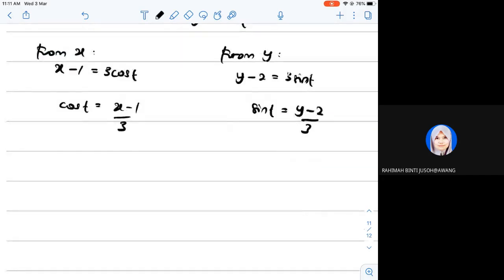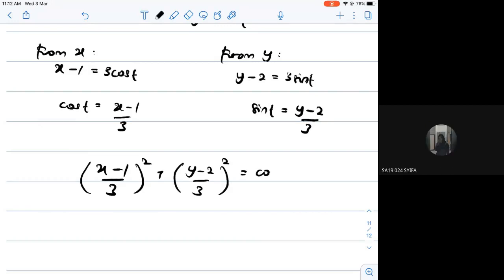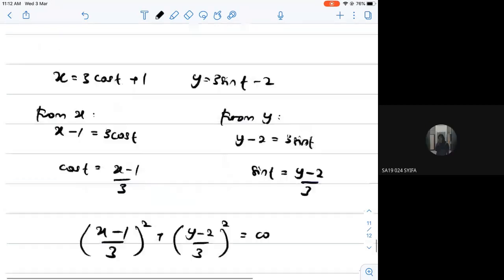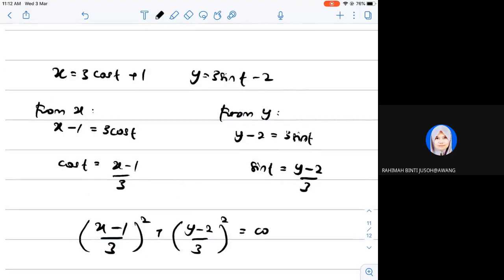So equation kita akan jadi macam ni guys. (x minus 1) over 3 squared plus (y minus 2) over 3 squared equals... Doktor, y minus 2 or y plus 2? Y plus 2, sorry. Thank you very much. Okay, y plus 2 like this.